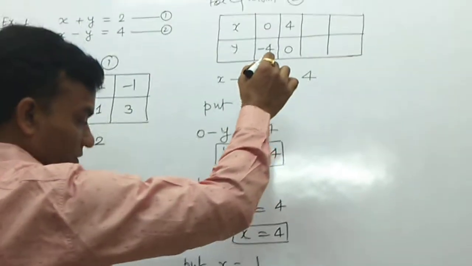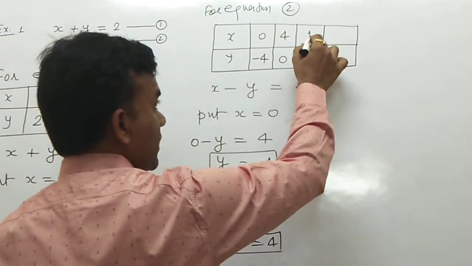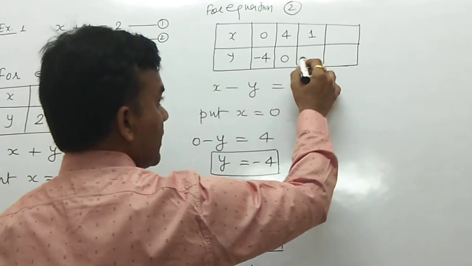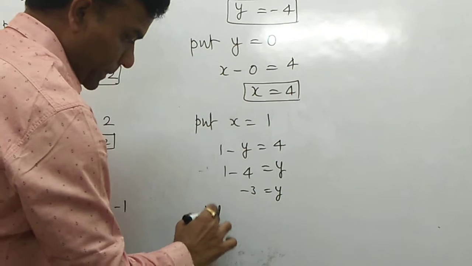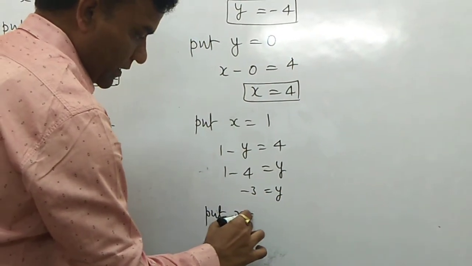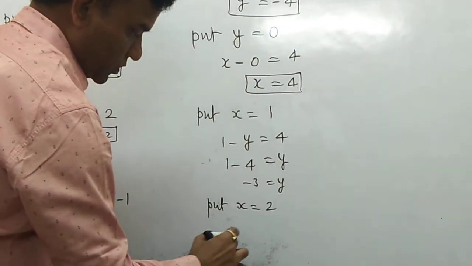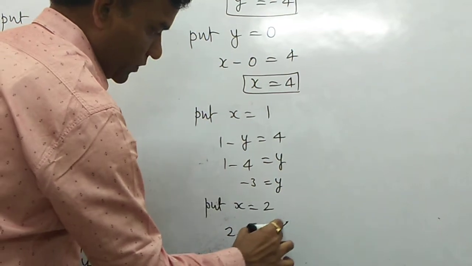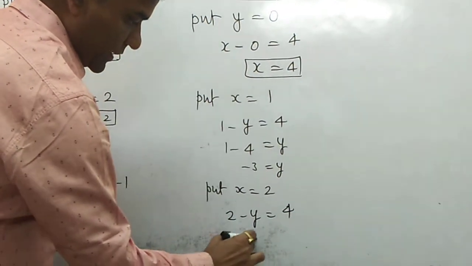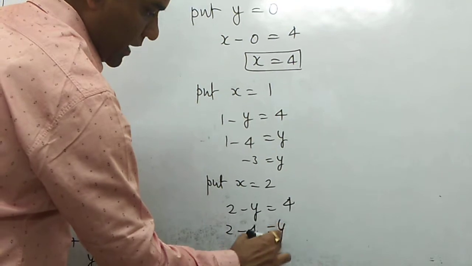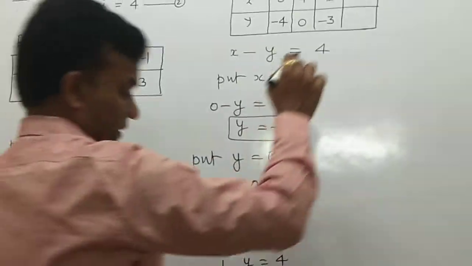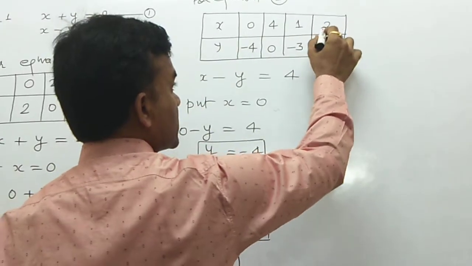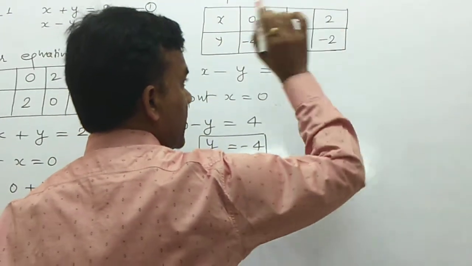After putting the value, x equal to 1, you have the value of y is minus 3. Similarly, put x equal to 2, so 2 minus y equal to 4, and 2 minus 4 equal to y, so minus 2 equal to y. Then for x equal to 2, your value of y is minus 2.